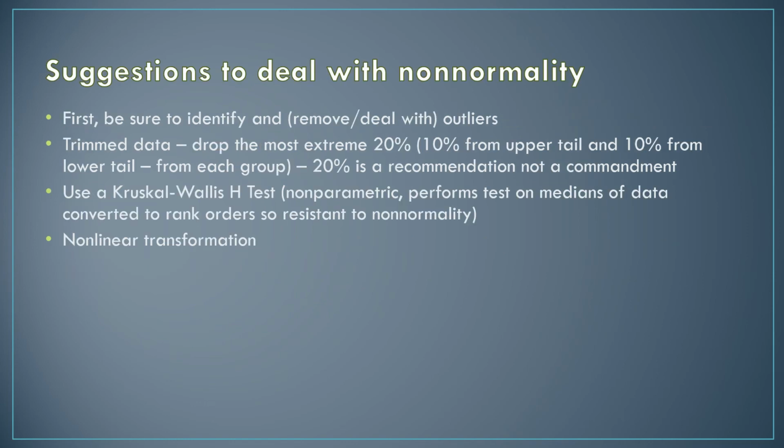There are a number of different ways that you could deal with non-normality if that is a concern, especially if you have a smaller sample size where the analysis itself is not robust in the case of a violation. You would deal with it in a very similar way as if you had a variable itself not meeting the normality assumptions. You could remove or deal with outliers. You could trim the data so that you don't have those tails that could be causing a shift in your distribution so that it's not normal.